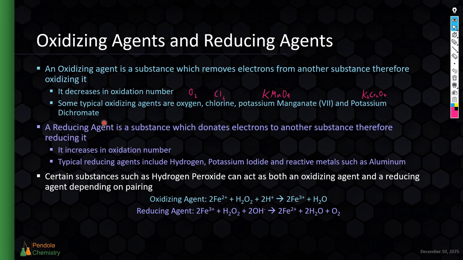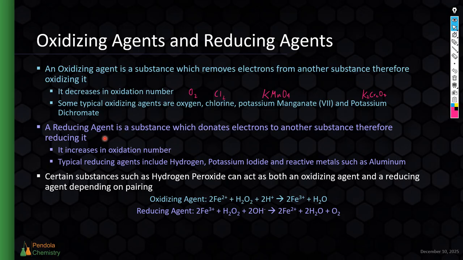With that logic, a reducing agent is the exact opposite. A reducing agent is a substance which donates electrons to another substance, therefore reducing that other substance. A reducing agent itself gets oxidized. Its oxidation number will increase because when it donates electrons to another substance, it reduces that other substance, but it itself gets oxidized.